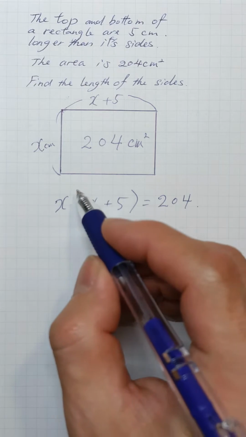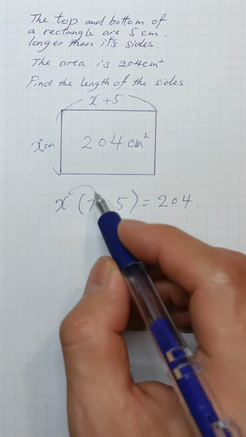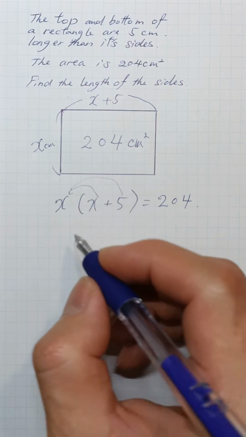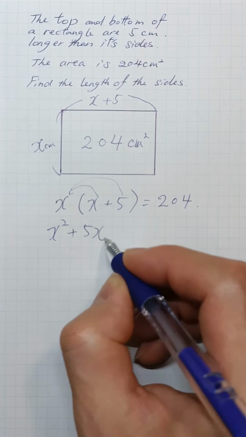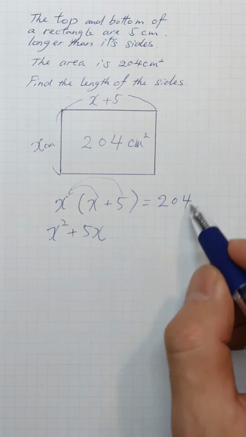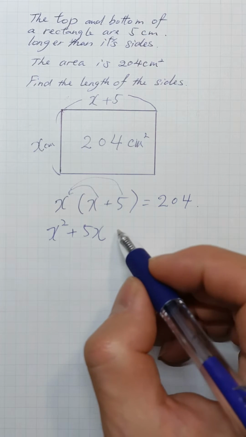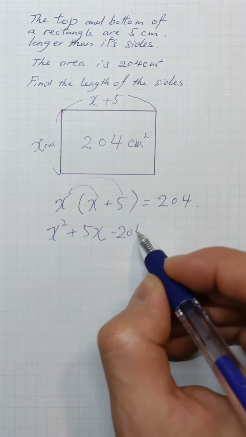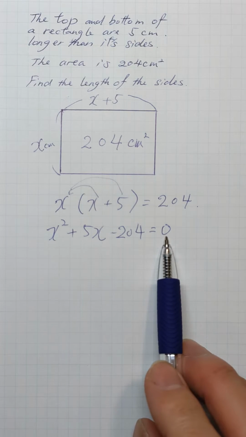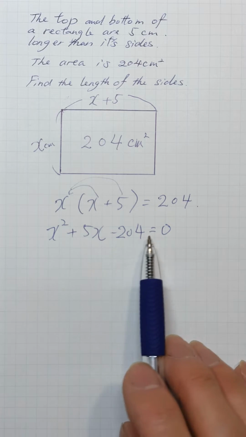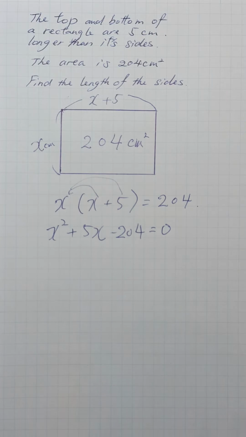Then can you expand this bracket, this times this plus this times this: x squared plus 5x. Then I take 204 out from both sides, so that I can have 0 on this side and a quadratic equation on the left side, okay?